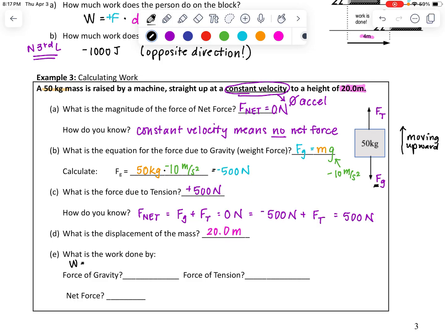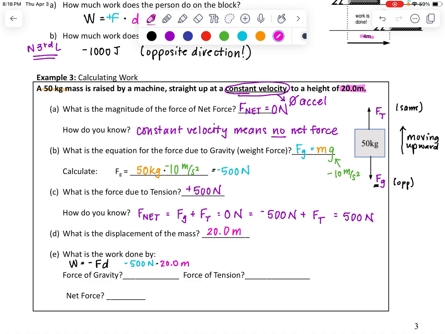This guy here is opposite the motion. This guy here is the same direction as the motion. So for gravity we're going to do the negative Fd equation, and that negative is the negative 500 newtons multiplied by my displacement, which is 20.0 meters.